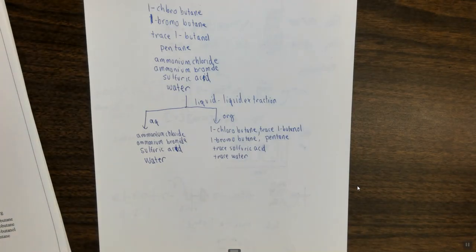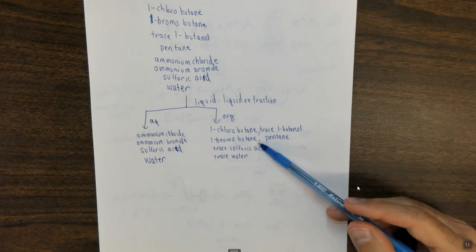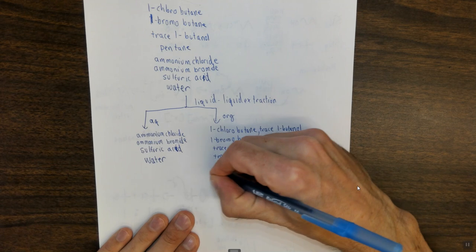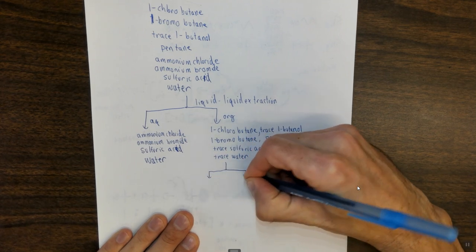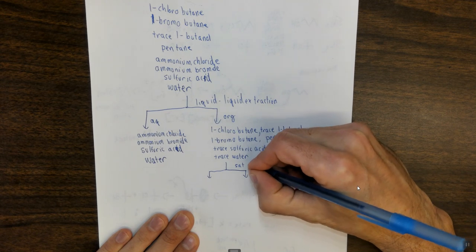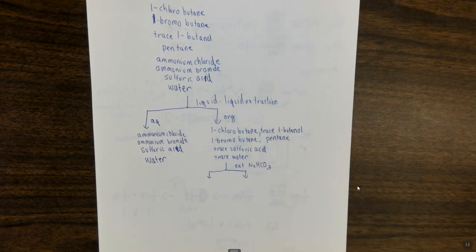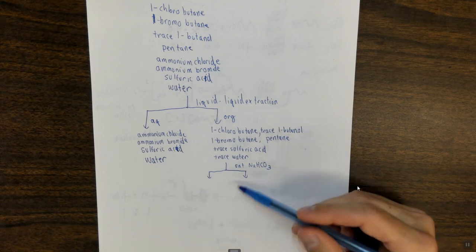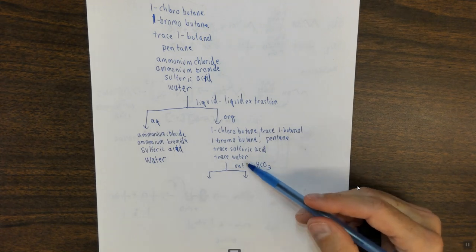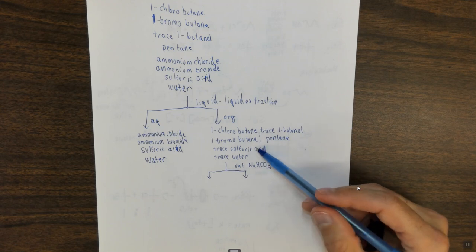All right, so now, next, we're going to try to get rid of this trace sulfuric acid. And how we're going to do that is we're going to add saturated sodium bicarbonate, NaHCO3, baking soda. It's saturated with water, so this is another aqueous solvent. This is going to react with the sulfuric acid to form sodium sulfate.